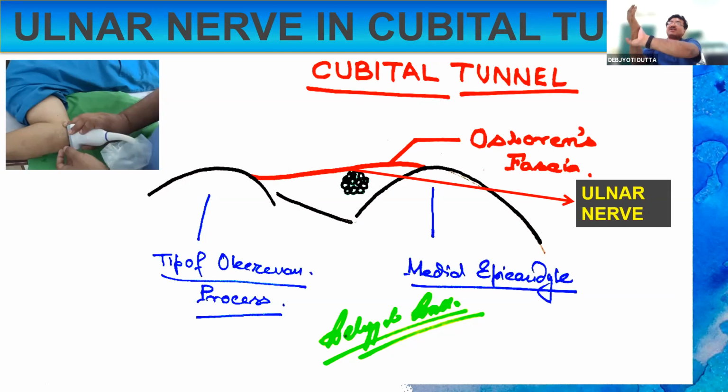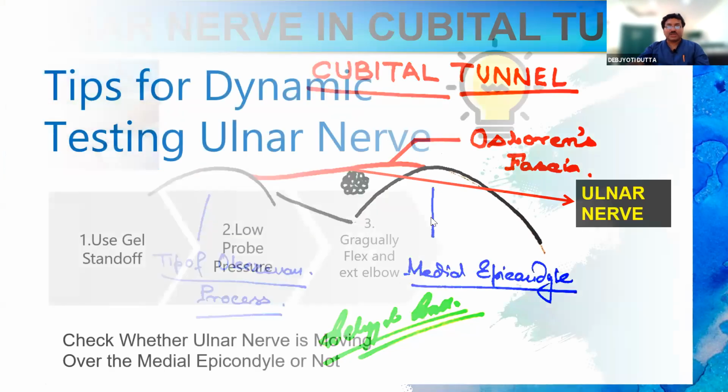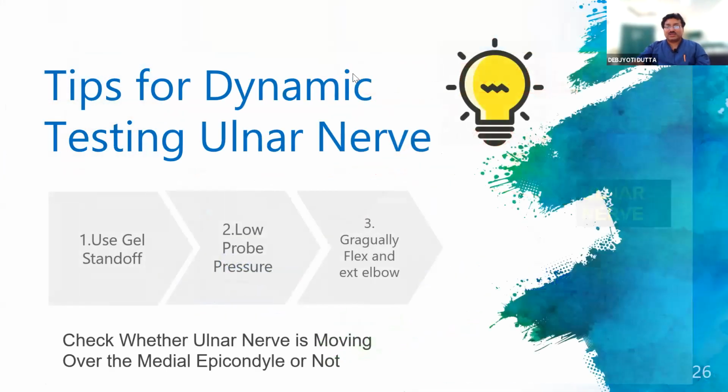The same median nerve, if we go towards the tendons at the level of the wrist, you will see it hypoechoic. So depending on the echogenicity of the surrounding tissues, you might see the nerve in different echo textures. It should be remembered that it will be hypoechoic here. Tips for dynamic testing: this is not a very basic thing, so we can skip that.